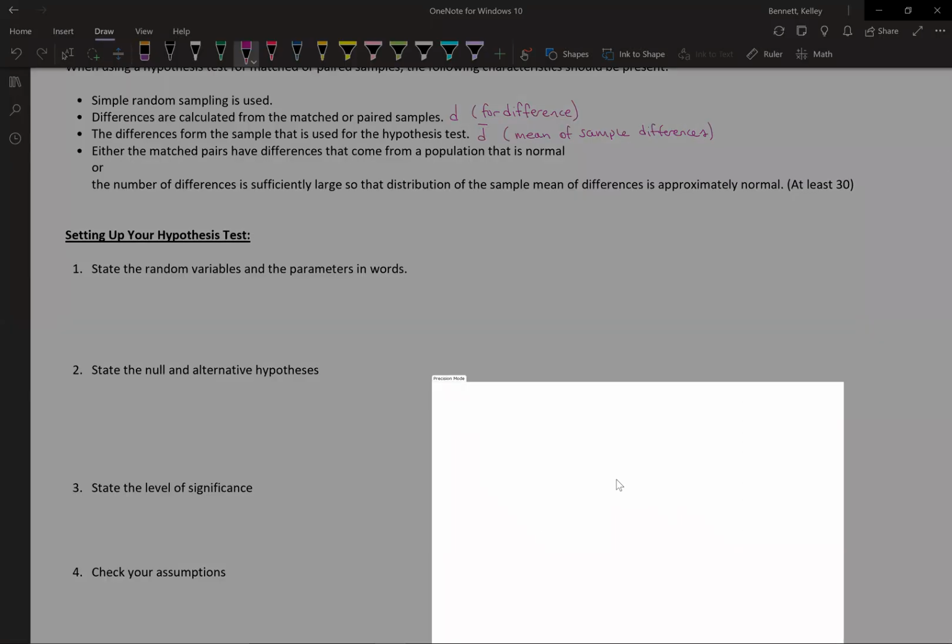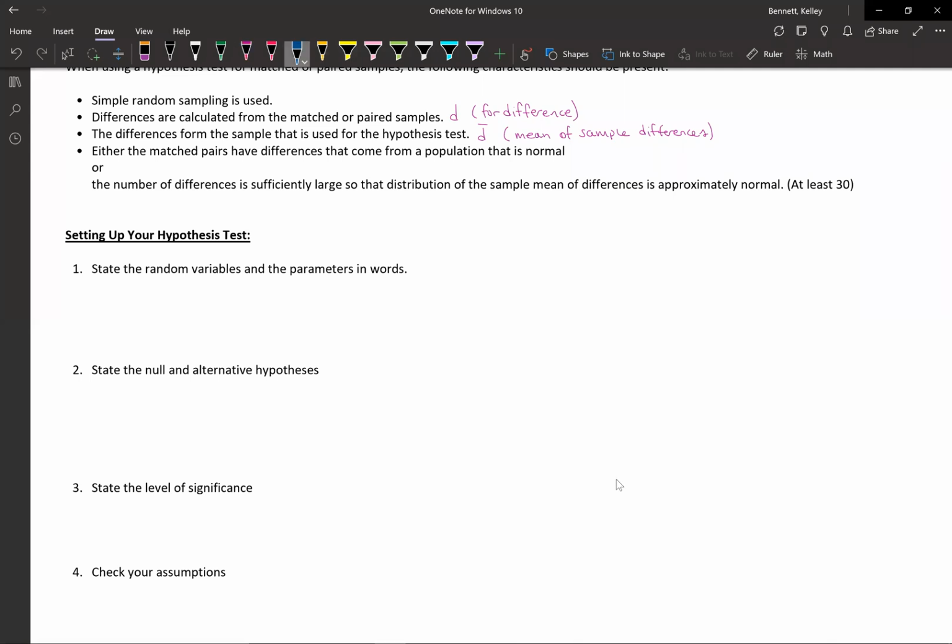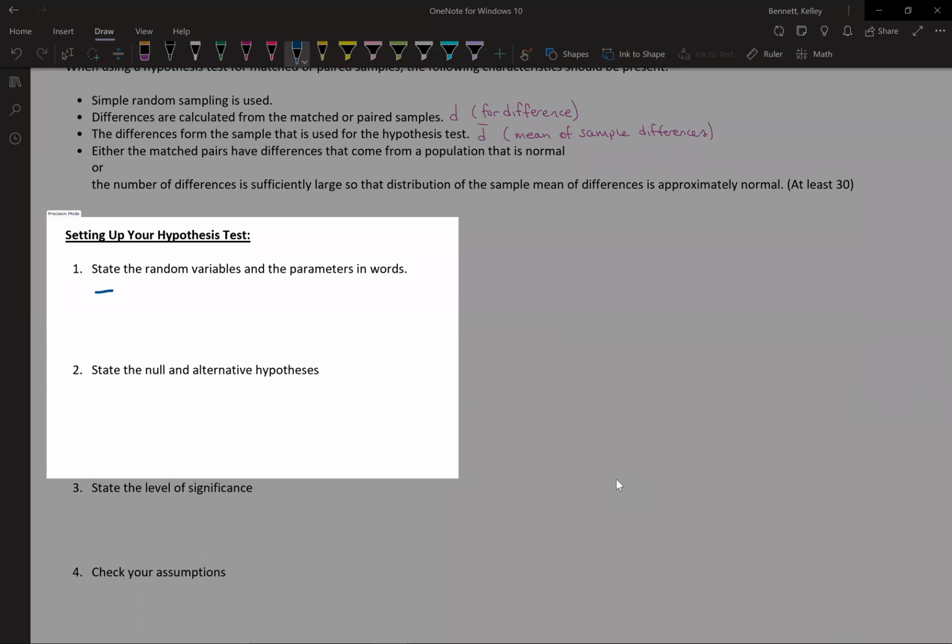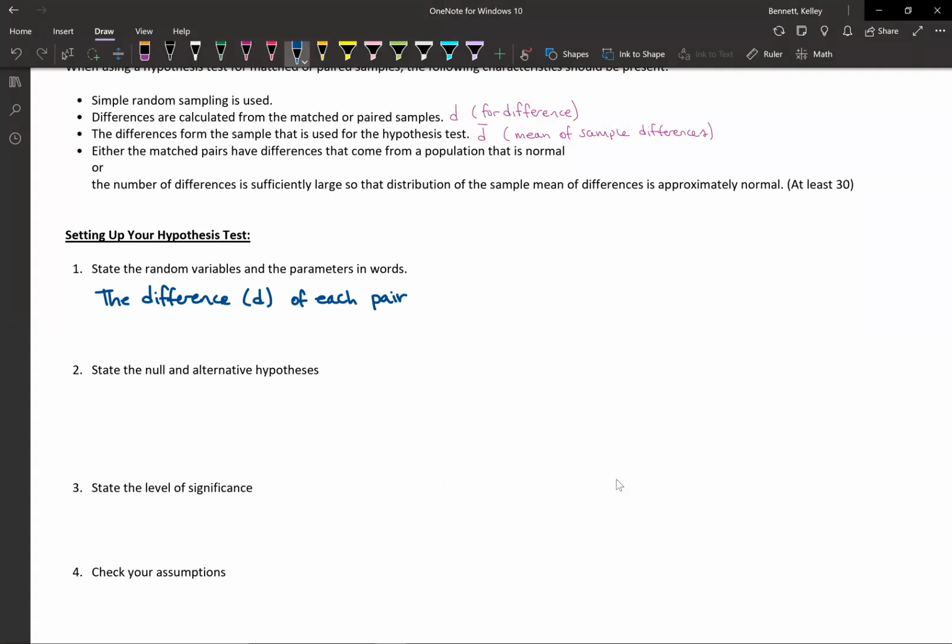So the random variable is going to be the difference, which we said was given by a lowercase d, of each pair, right? So again, think of just the one guy.